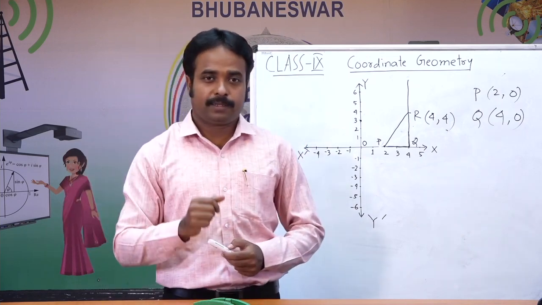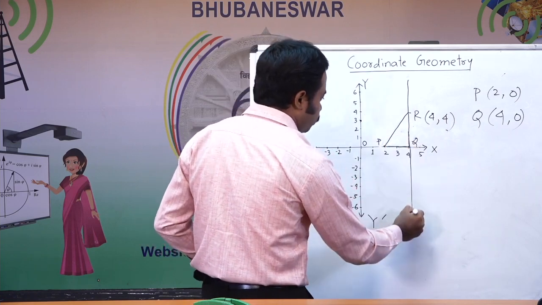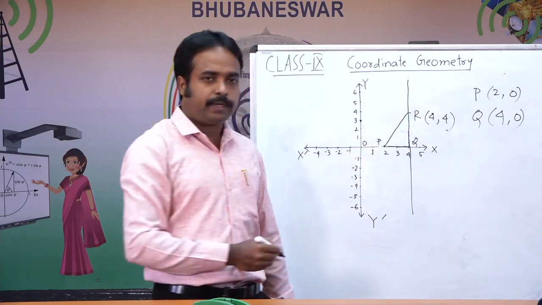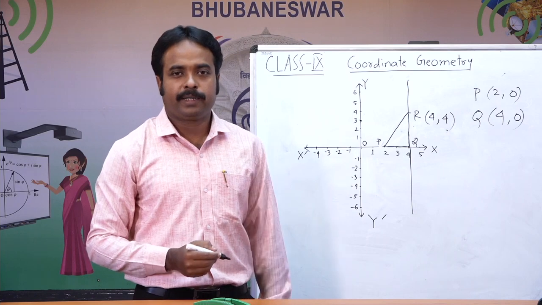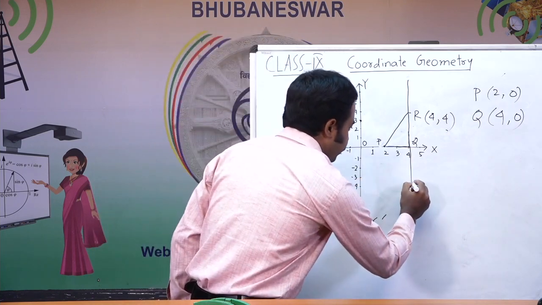Not only that, we may extend this line in the negative direction also. Instead of taking the first quadrant, if we take the point R in the fourth quadrant, then also we will get our desired result.